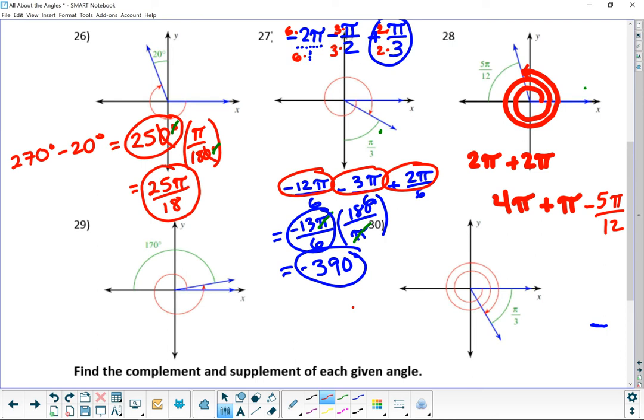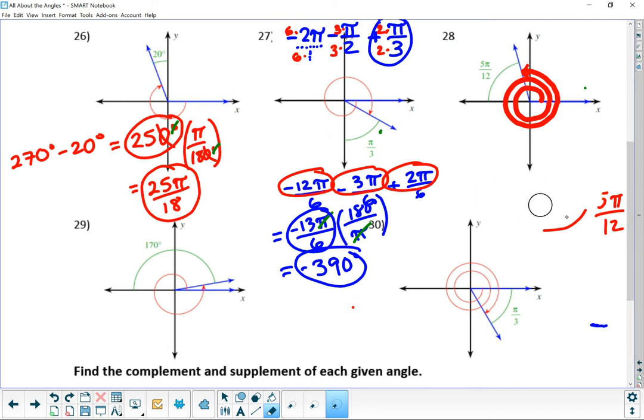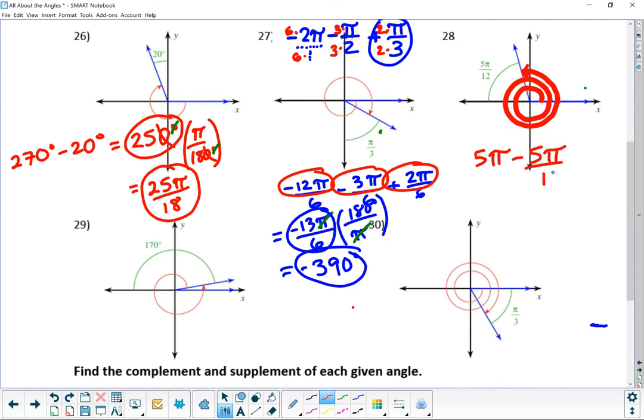Okay, so I'm going to go ahead and cut to the chase. 4 pi plus 1 more pi is 5 pi. So I'm going to make that easy for myself. So we've got 5 pi minus 5 pi over 12. Okay, and you can't just add or subtract those the way they are, even though they look pretty similar.